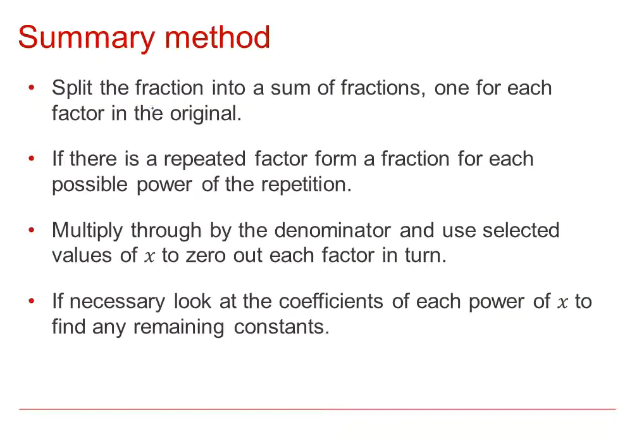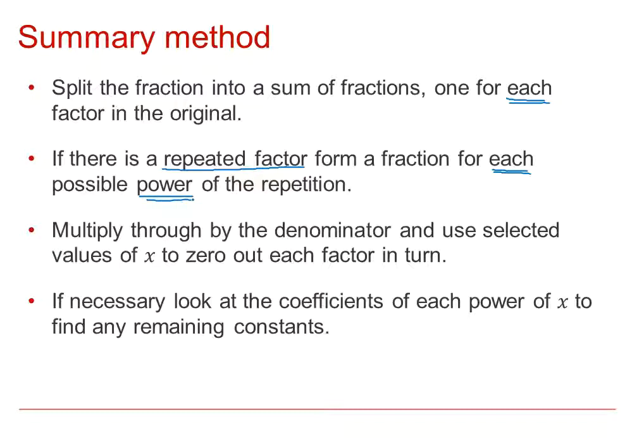So if we were dealing with linear factors in the problem, we would just have separate fractions, one for each factor in the original. However, if there's a repeated factor in the problem, then you need one partial fraction each for the possible powers that have been repeated.